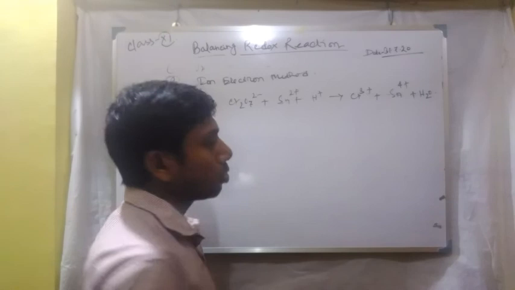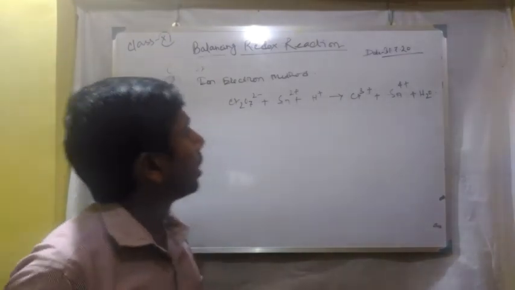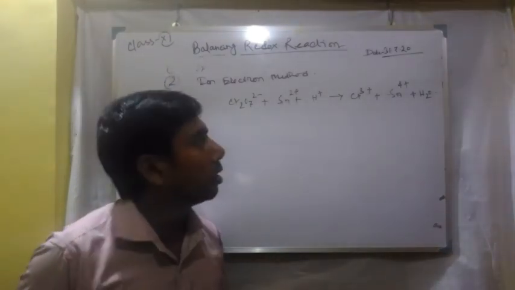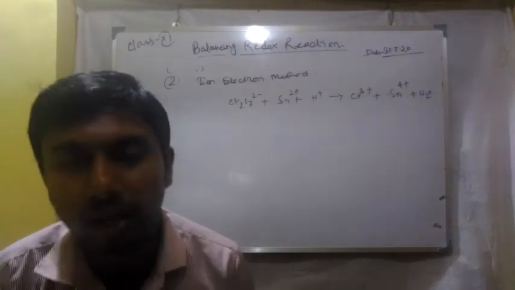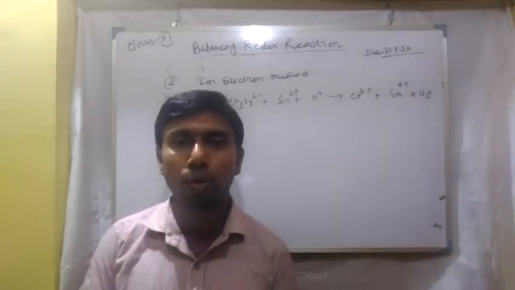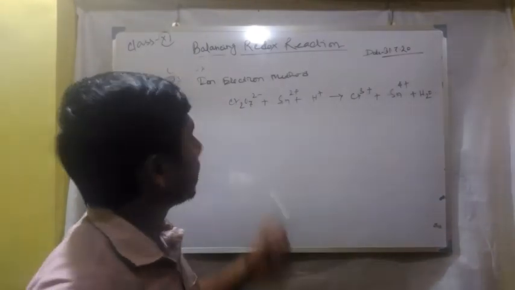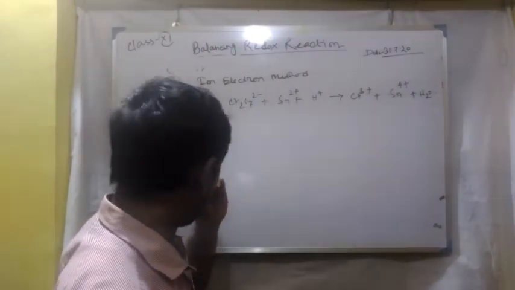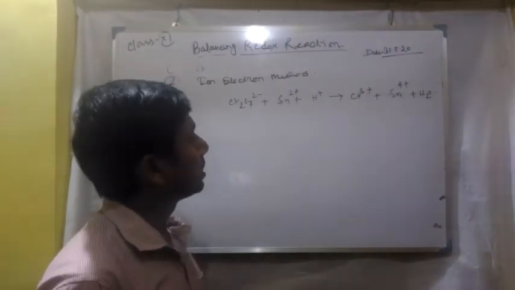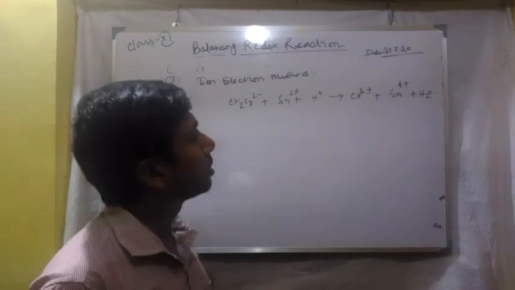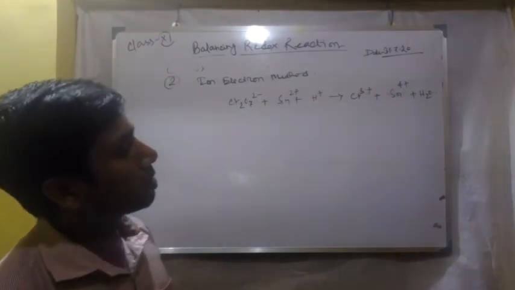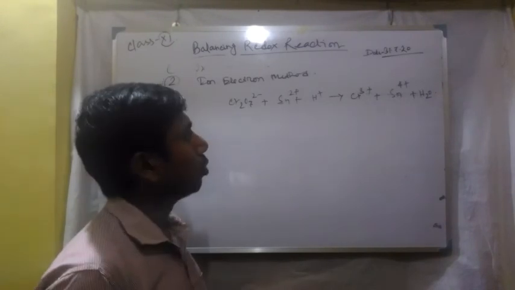So here also by using the ion electron method we can easily balance the equation, and you will try it at your home. I am repeating this, that is dichromate Cr2O7 2 minus plus Sn2+ plus H plus arrow Cr3+ plus Sn4+ and H2O.